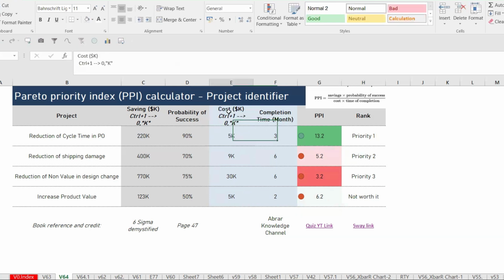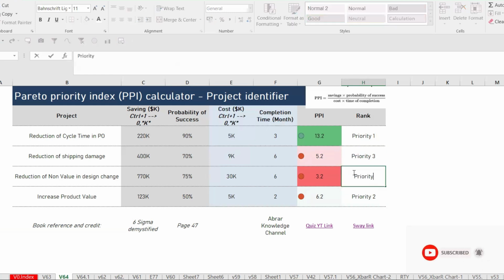Mostly, because cost and completion time are the denominator, if you decrease them, this will have a good effect on PPI, right? The same thing I have changed to priority 2 here, and then this has become priority 3, and then this is priority 4 or not worth it, whatever you would like to call it.